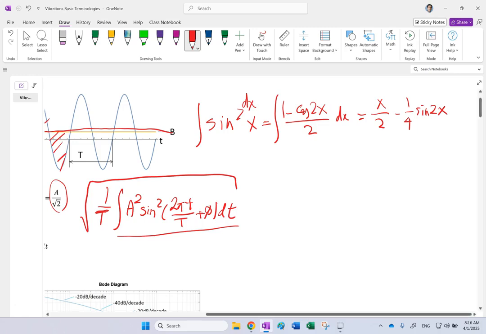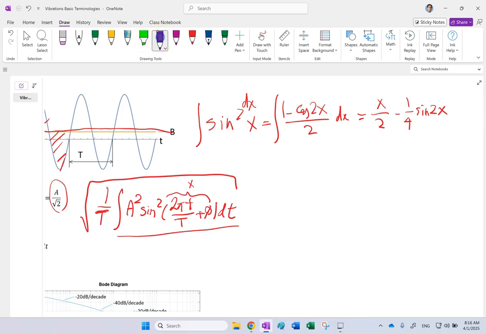Now, in the case of this function, your x is this whole thing. The only thing is, since you're integrating with respect to t, you have to pay attention to this coefficient as well, right? Because if x is that, then dx is going to be a little bit different than dt.